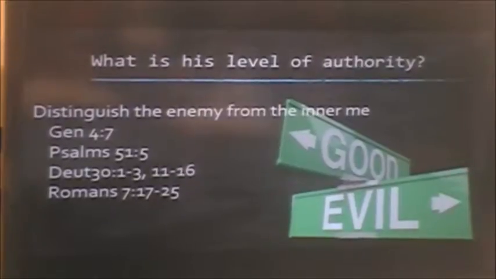Genesis chapter 4, verse 7. And it reads, "Is it not, if you do good, you are to be accepted? And if you do not do good, toward the door is a sin. He is lying, and toward you is his desire, and you must rule over him."